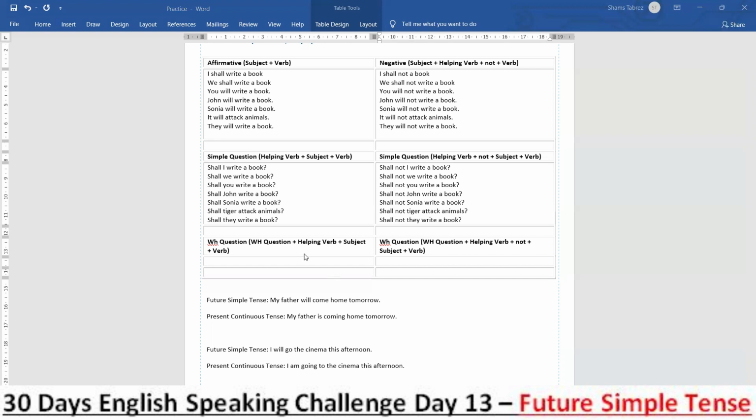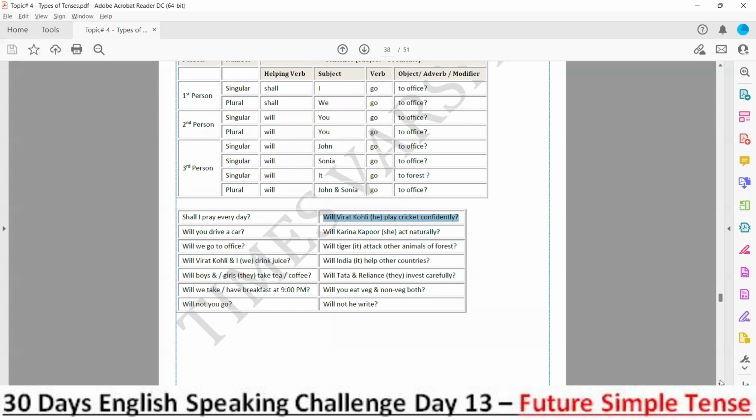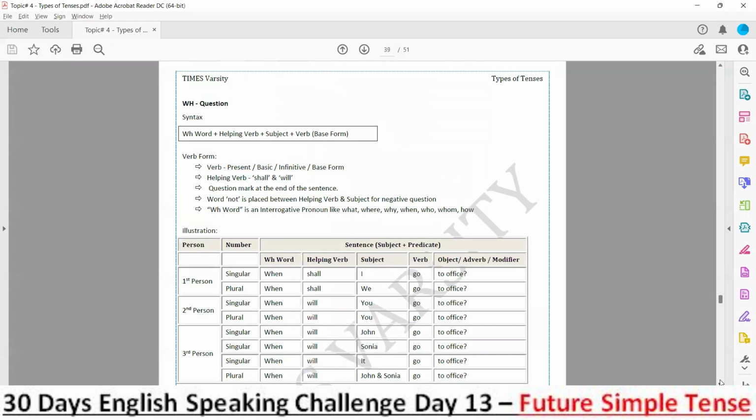Now let's see how to make WH questions. As usual, the rule remains the same. If we add a WH word to a simple question, it becomes a WH question. So WH word, helping verb, subject, and verb. Verb form remains base form.